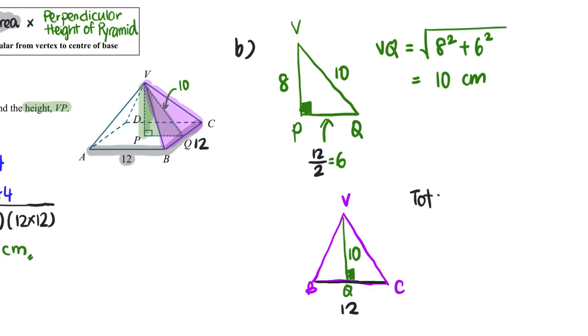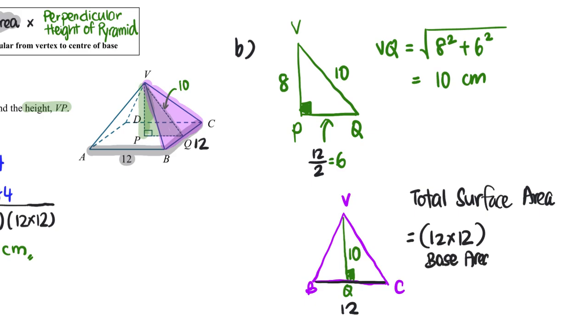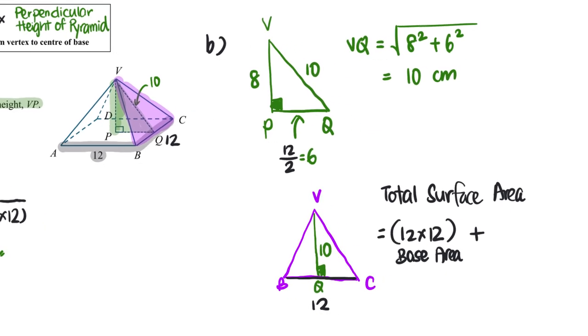Later on, you will see Mr. Tan doing this. I would have my base, 12 times 12. This is my base area, the square base. This one must add half times base times height.